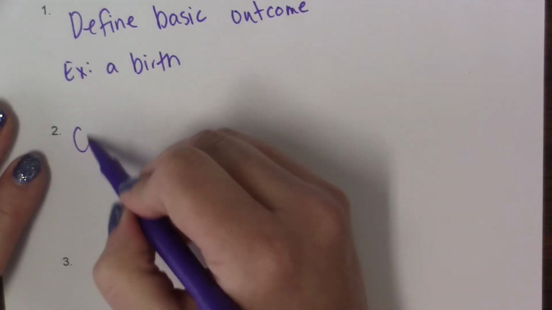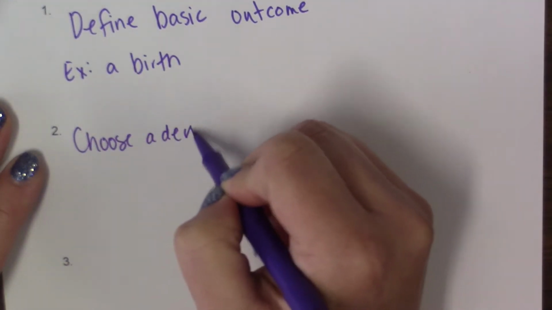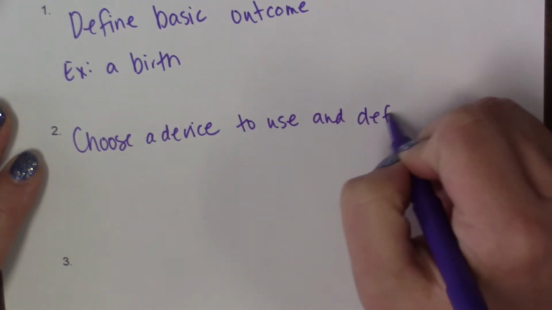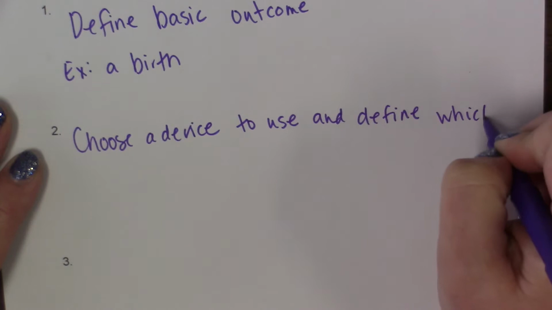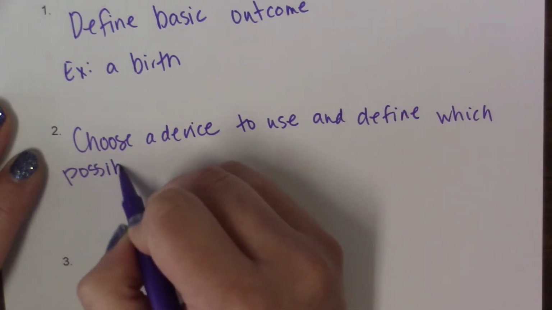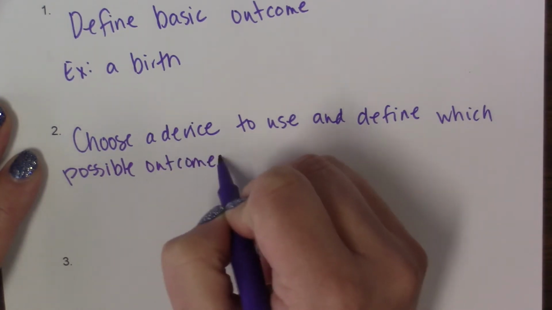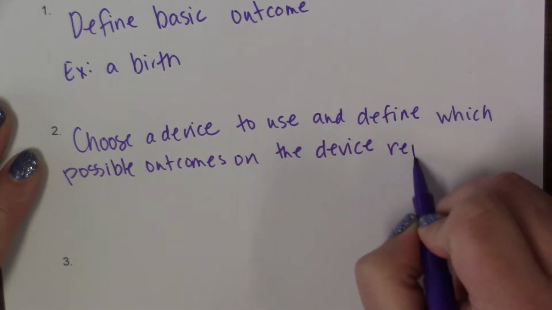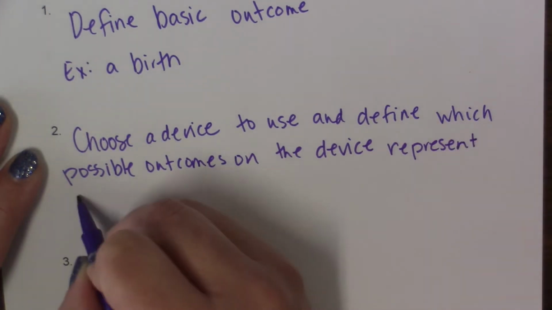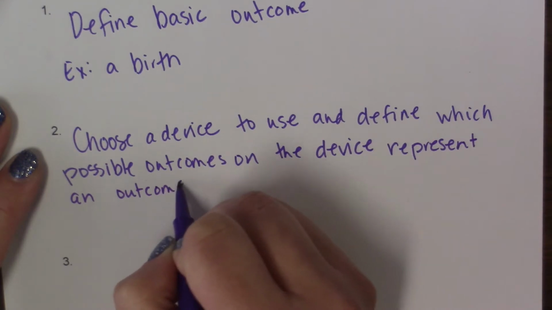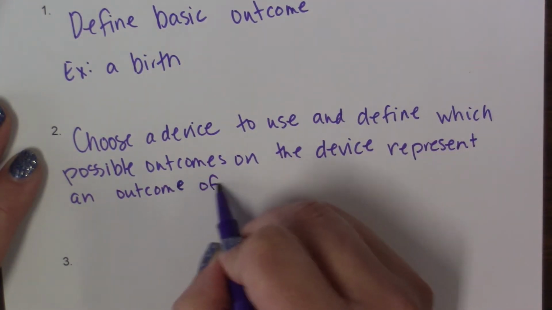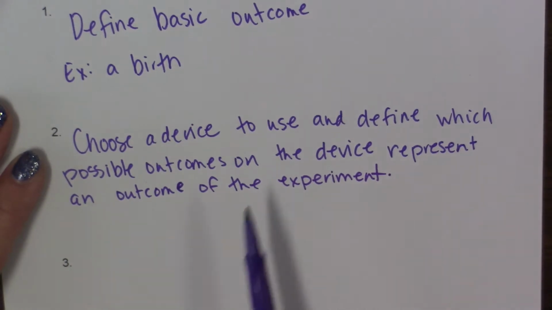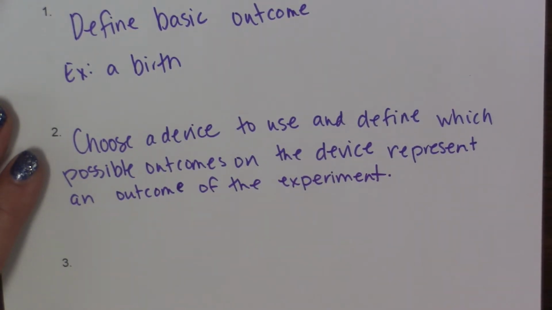Our second step is to choose a device to use and define which possible outcomes on the device represent an outcome of the experiment.